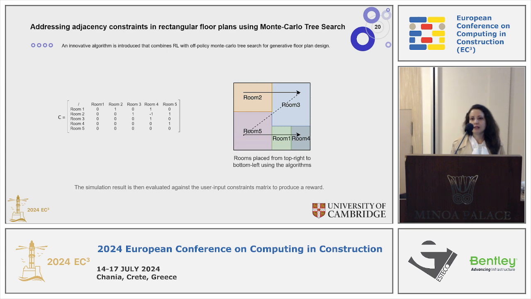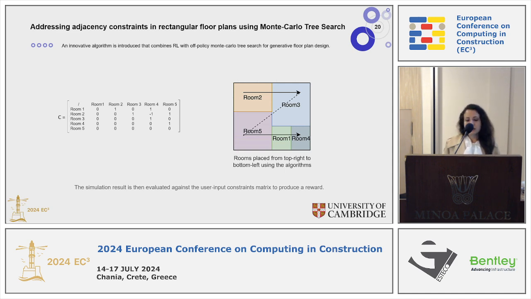The value -1 shows that those 2 rooms shouldn't be next to each other. And the value 0 shows that there is no constraint between those 2 rooms. The rooms are placed from top right to the bottom left using this algorithm. As you can see in this figure, rooms 2, 3, 5, 1, and 4 are placed in sequence within the boundary of the building.